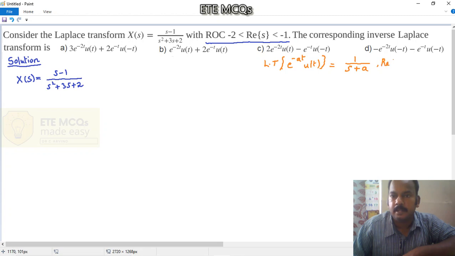We will write the ROC as real part of s and the pole. The pole is minus a in this case. Since this Laplace transformation corresponds to a right-sided sequence, just put a greater than sign. That is, real part of s is greater than minus a.